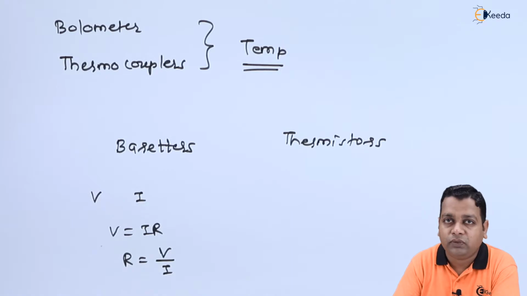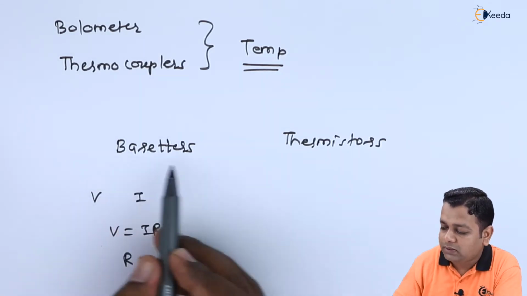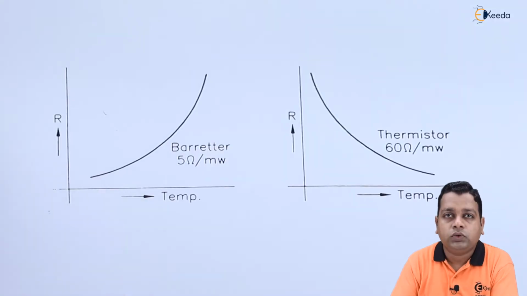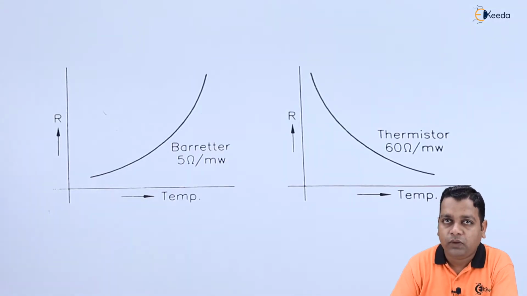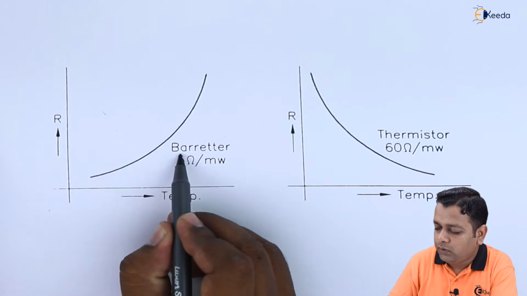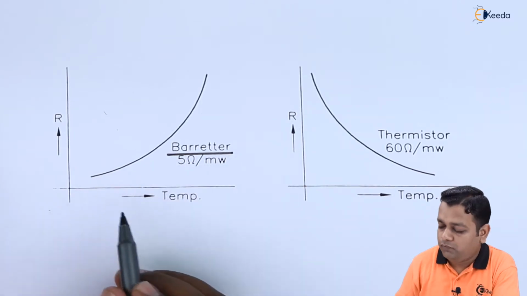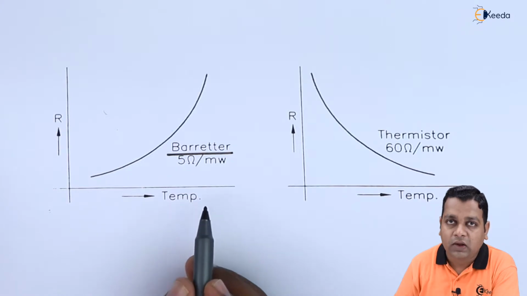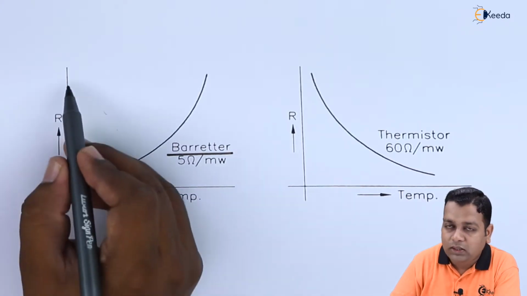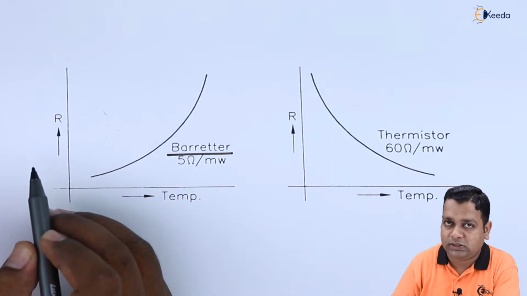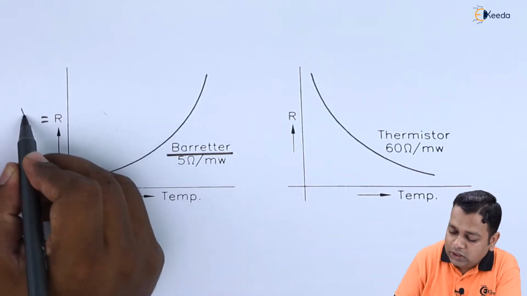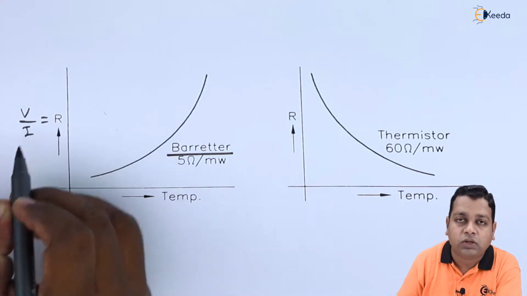So let us see the difference between the barretters and the thermistors with the help of the schematic graph. The first type of the bolometer that we have is called the barretter. In this graph we have plotted temperature values onto the horizontal axis, whereas onto the vertical axis we have plotted the resistance value. The resistance values we have obtained as a ratio of voltage to that of the current here.